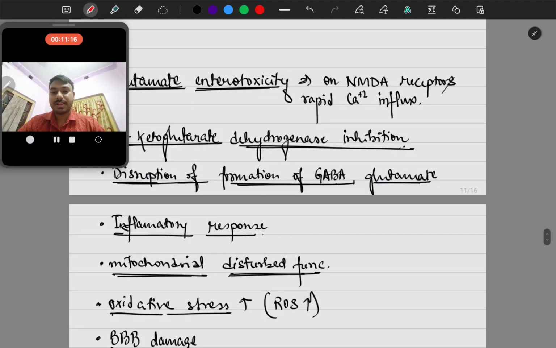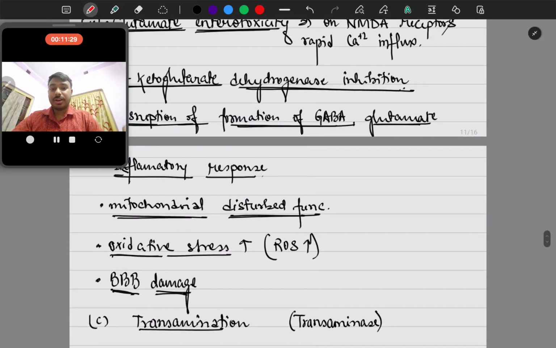Fourth is inflammatory response. If ammonia gets accumulated in high amounts, it will change the osmolarity of the tissue and there can be an inflammatory response. Now mitochondrial disturbed function.